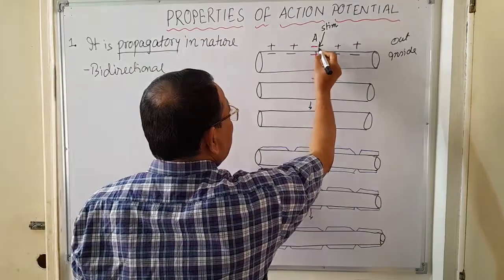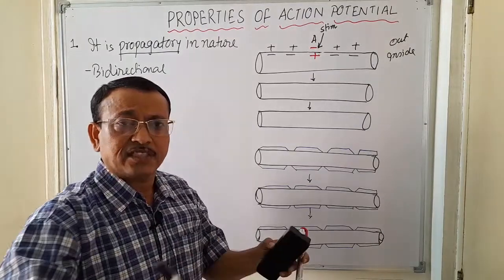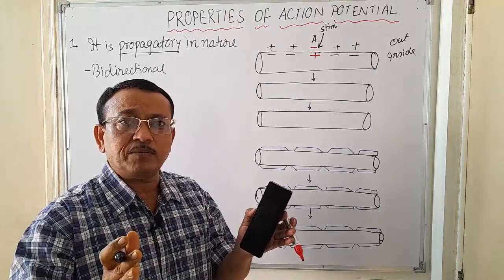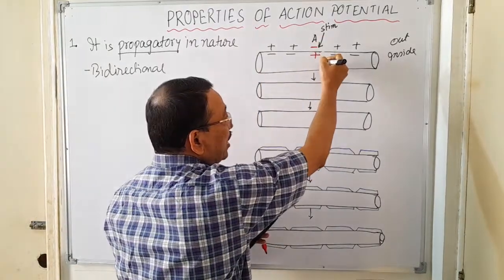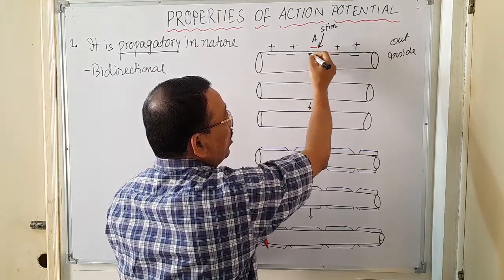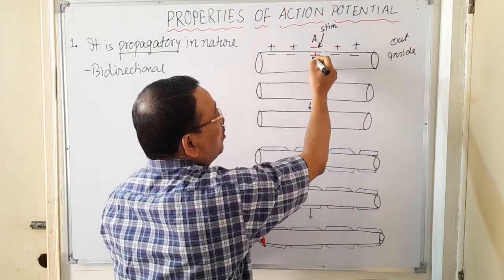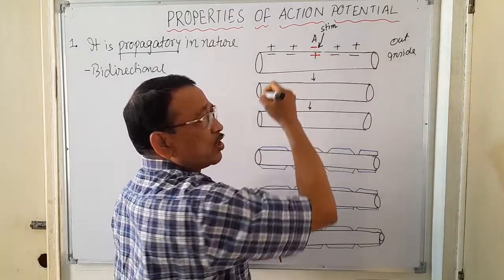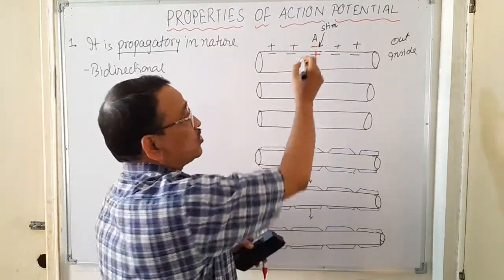Because in this area the stimulus is applied, there is an opening of the voltage gated sodium channels through which sodium ions will enter. As the sodium ions enter inside, the electronegativity will be reversed to inside electropositivity with respect to the outside of the membrane.